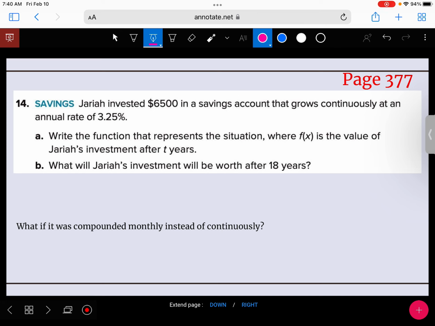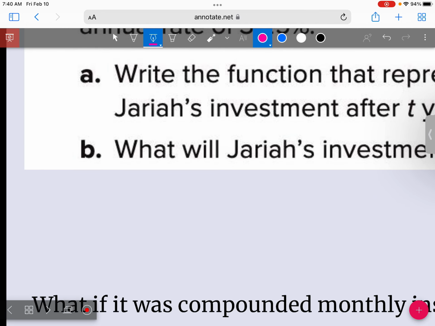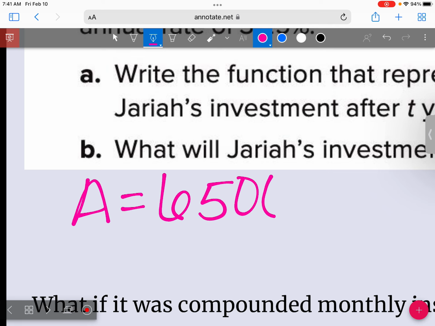So what does our function rule look like? Yep. A equals, should I have 5,000? Oh, 6,500. There we go.